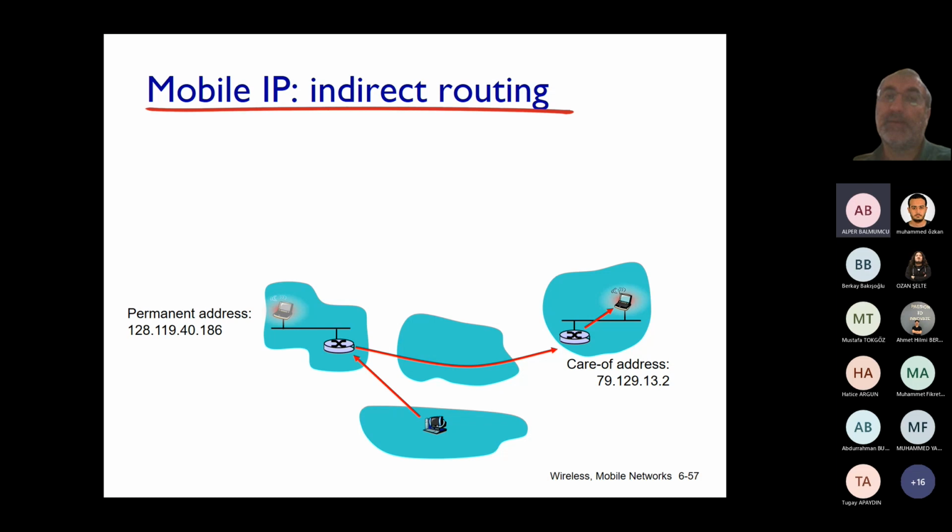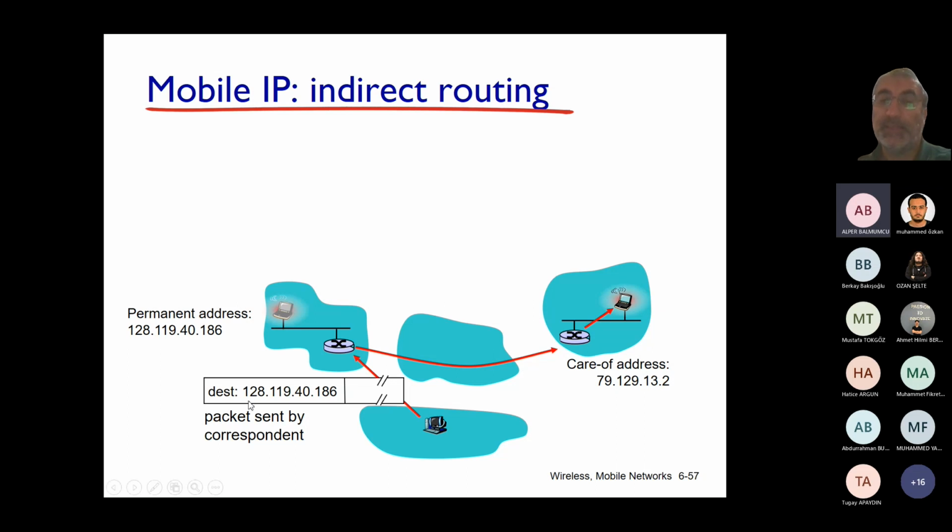So let's look at the indirect routing that we just learned. We have the permanent IP address, starting with 128, and we have the care of address in the visited network. The IP address example is 79, and so on. So the correspondent, when it tries to send a packet to the mobile, utilizes the permanent address as a destination.